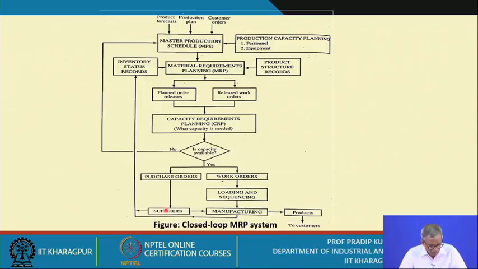Okay. So let me first explain the closed loop system. Initially it is an open loop system, as you saw in the pictorial representations of the original MRP systems. So you conclude that this is an open system.